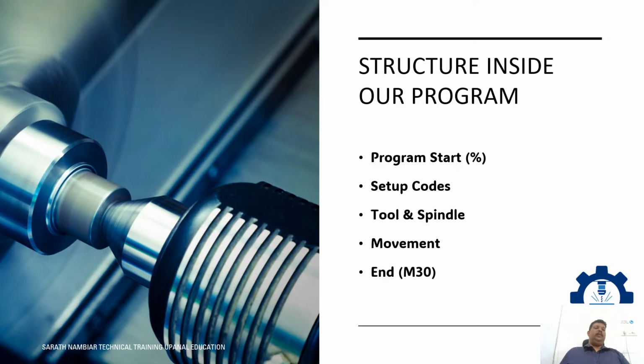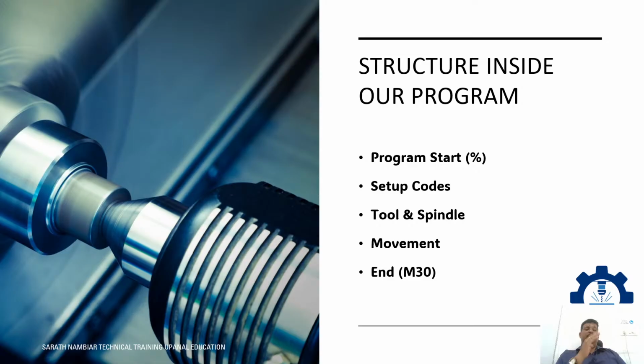Now, let's connect this idea to the program we saw. That program also follows the same structure. At the top, the program starts, then the setup codes define the machine condition, then the tool is selected, the spindle is started, then the movement command performs the machining, and finally the program ends.